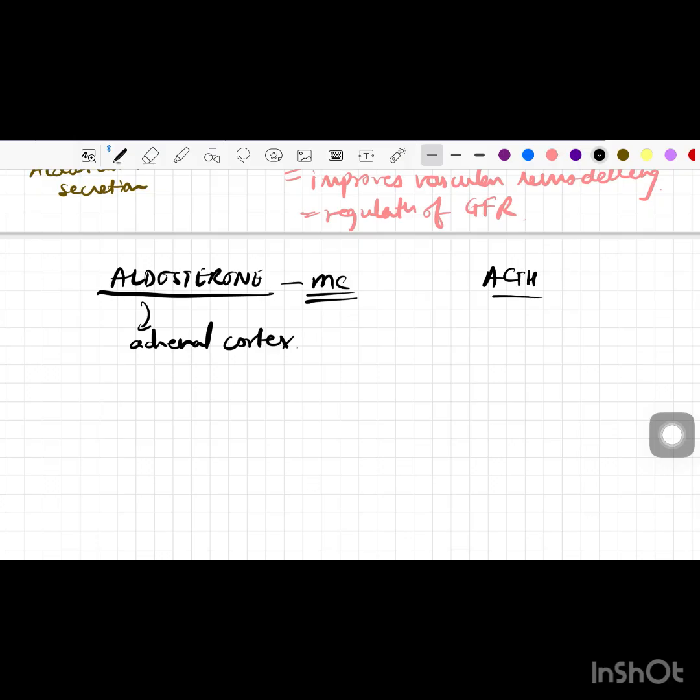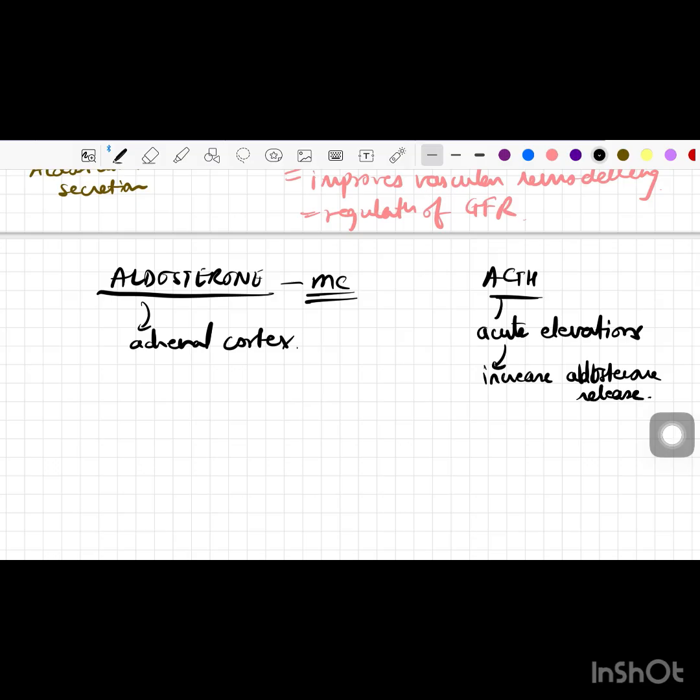Normally ACTH does not lead to regulation of aldosterone, but if ACTH is acutely elevated, it can increase aldosterone release.